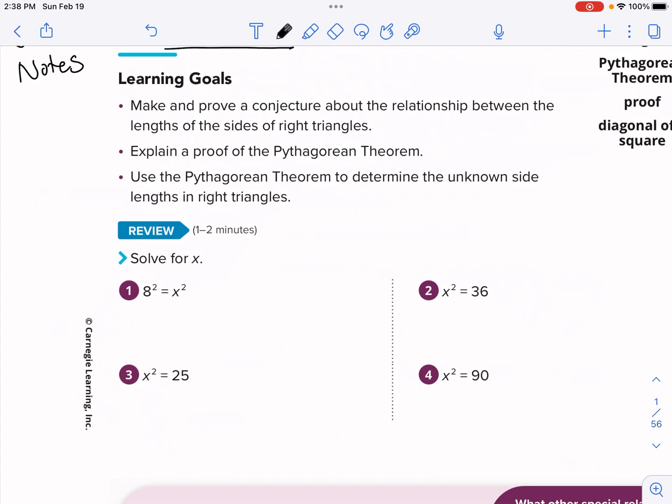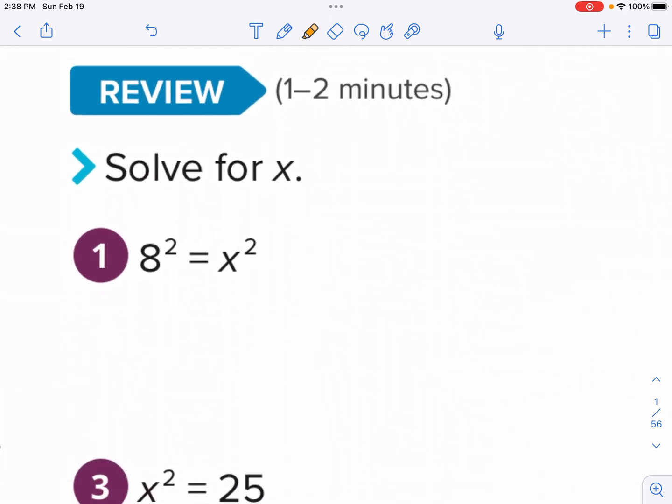So we're solving for a variable. Normally we don't solve equations that revolve around these various symbols here. So we have squares, but I want you to think about it in terms of this. Number one, we need to think about what number goes in for x to make this equation true. If you look on the left and the right, you might notice some things. We have 8 squared is equal to x squared.